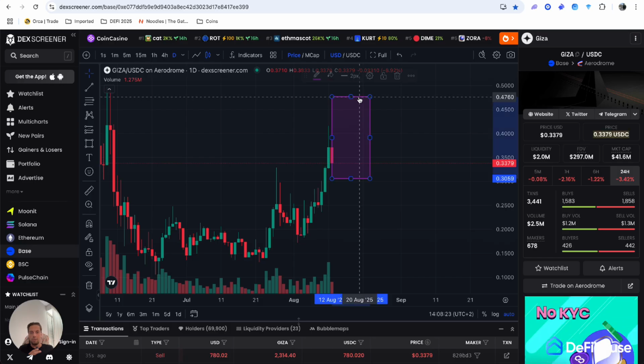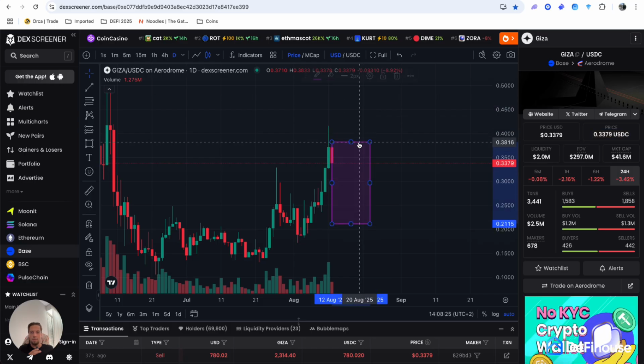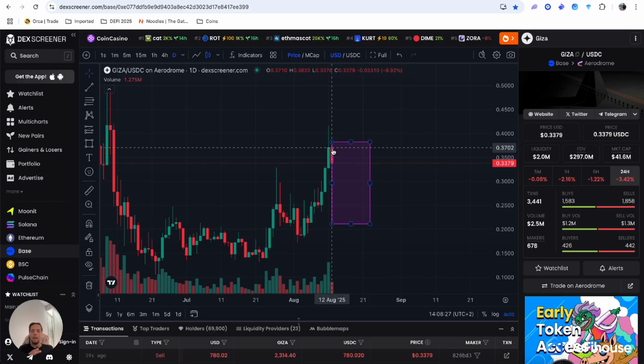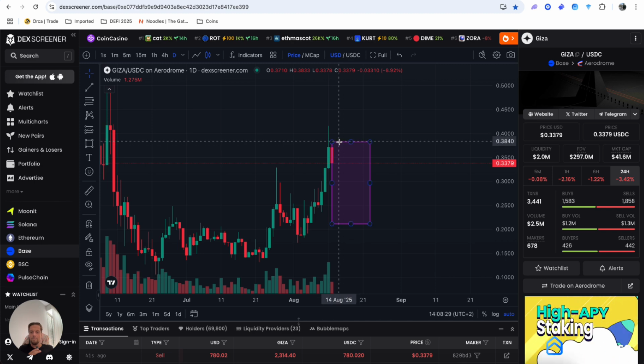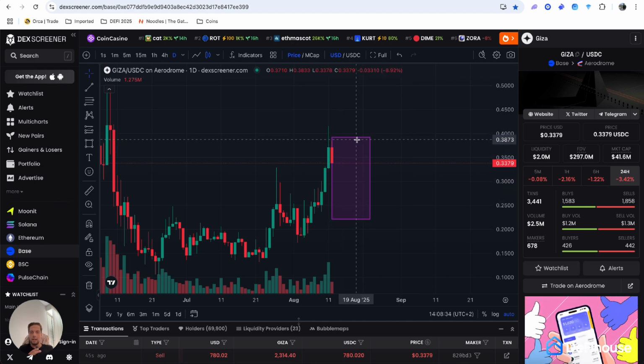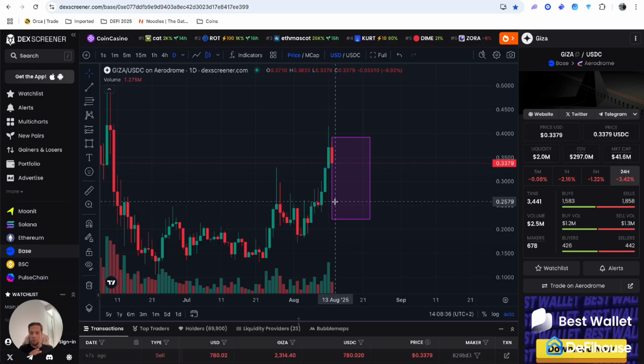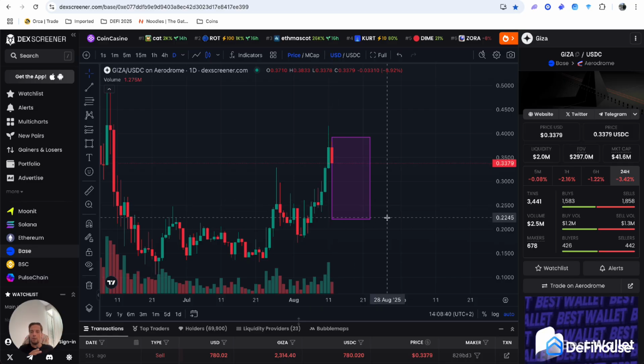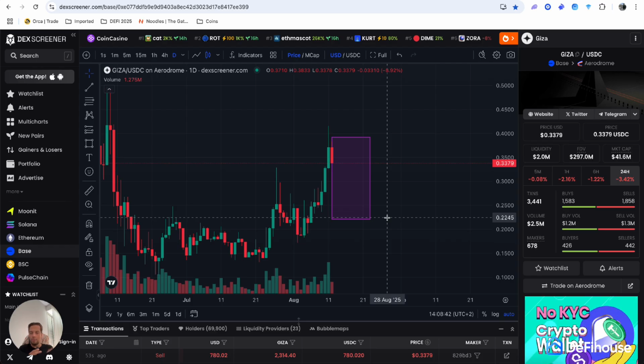If, for example, you set your range like that, you leave just a bit of space to the upper side, maybe let's do it like that, and most of the range is lower, right? So then your deposit ratio will also vary and be mostly in USDC.